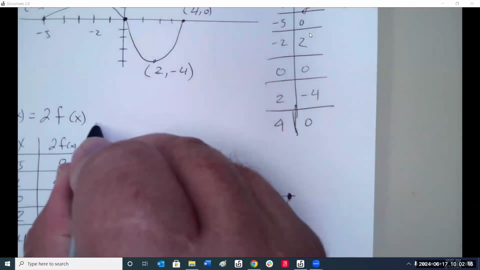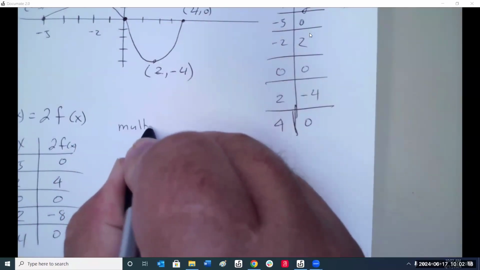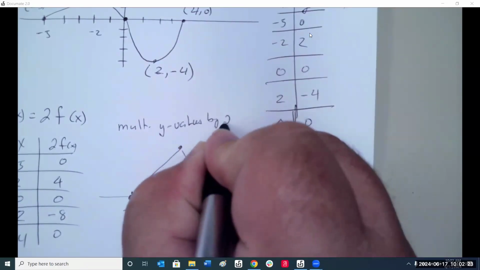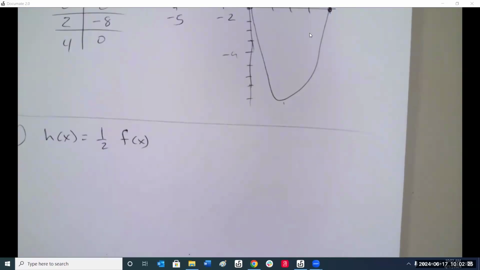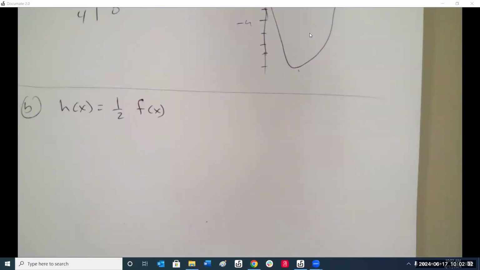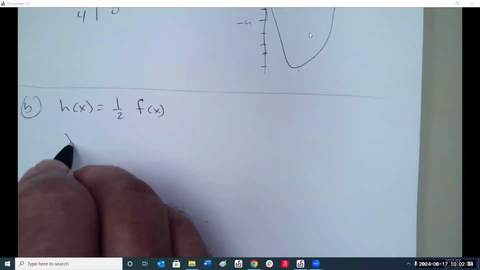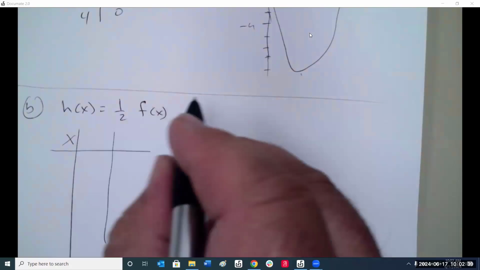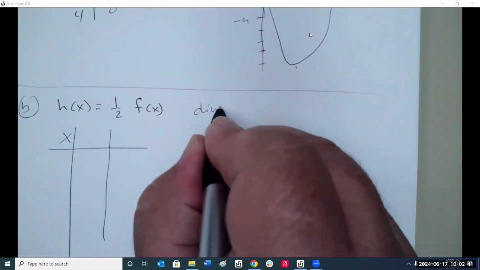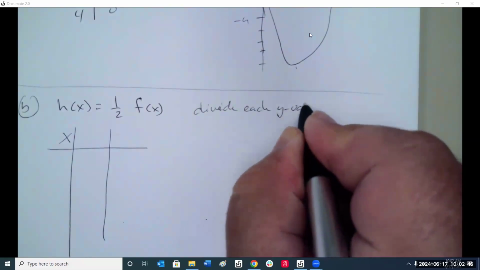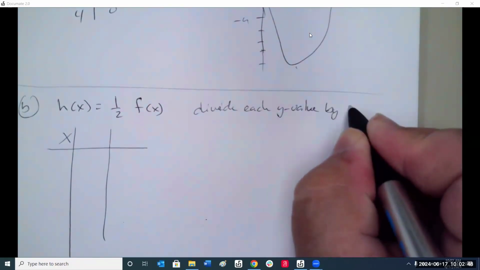So here, multiply y values by 2. What does this one tell me to do? Yeah, this one says divide each y value by 2.